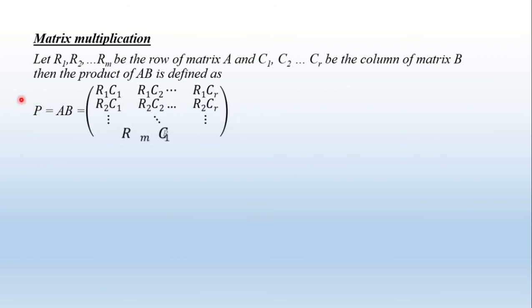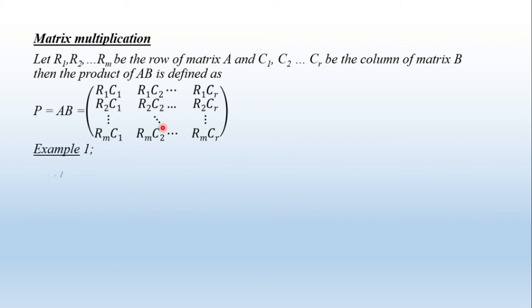P means product of the two matrices, AB. R is the row of matrix A whereas C is the column of matrix B. So we multiply the row of matrix A with the column of B, and adding the products gives us the value. When we work through an example it will be easy.